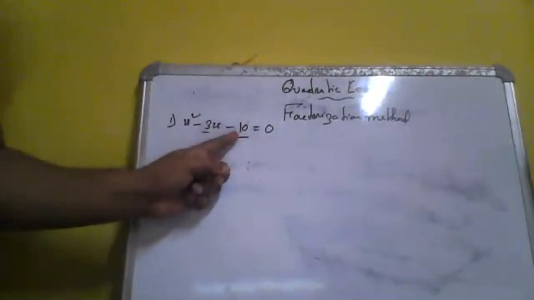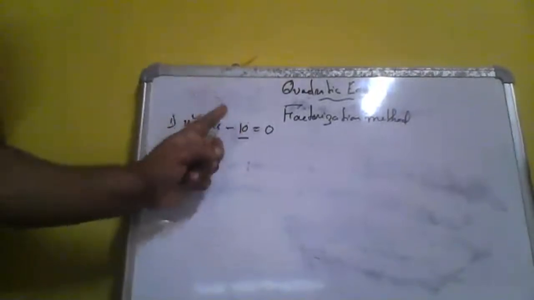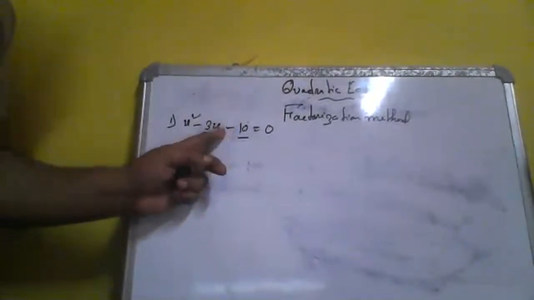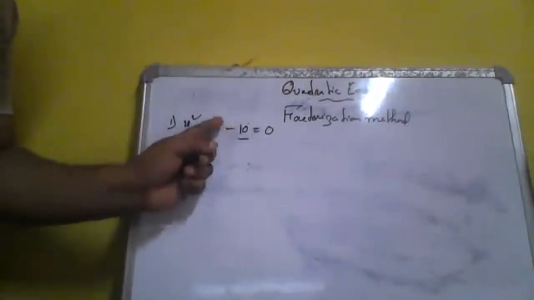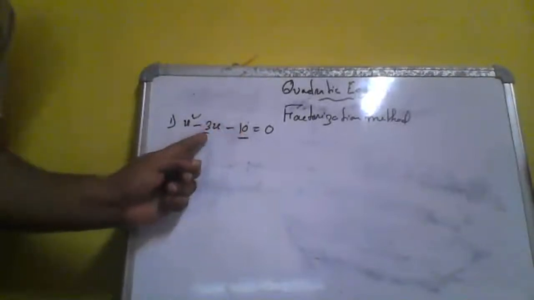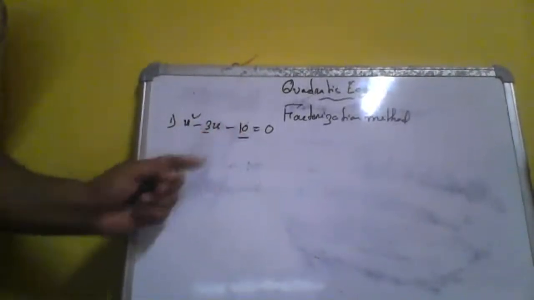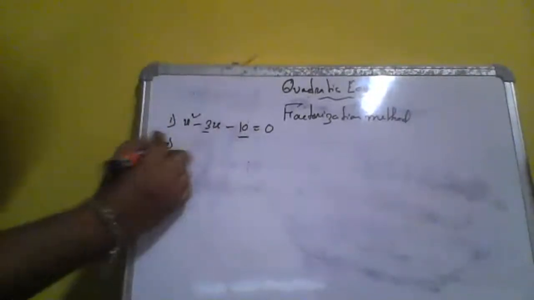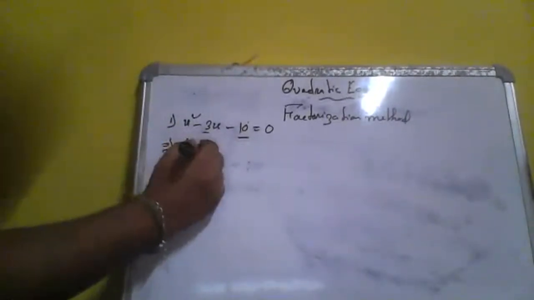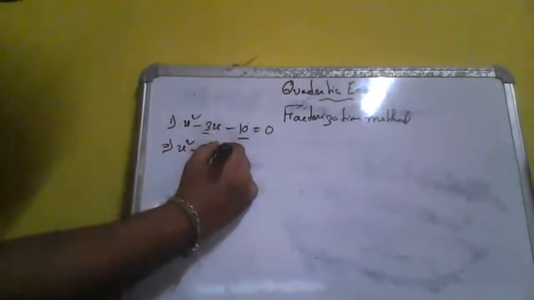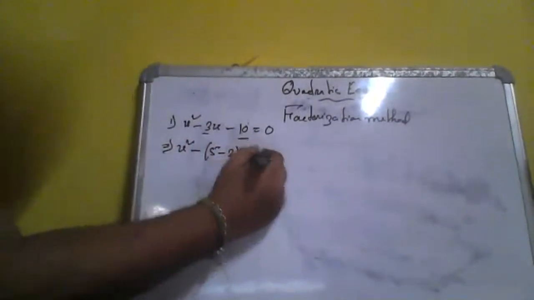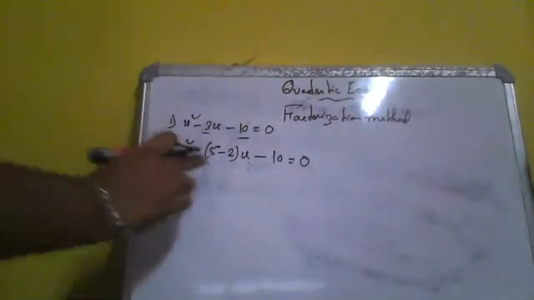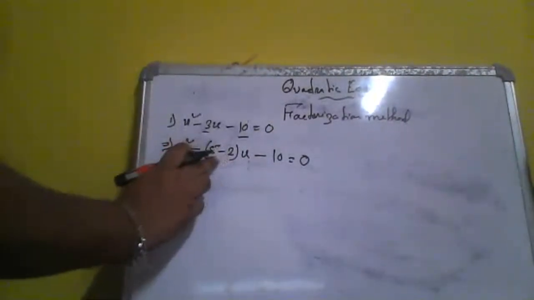Then which are the two numbers? 5 and 2. Yes. 5 twos are 10, and 5 minus 2, what will become? 3. The middle term you split like this: x square minus 5x plus 2x minus 10 equal to 0. 5 twos are 10 and 5 minus 2 is 3.